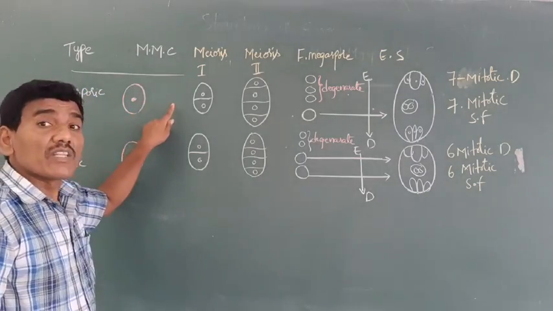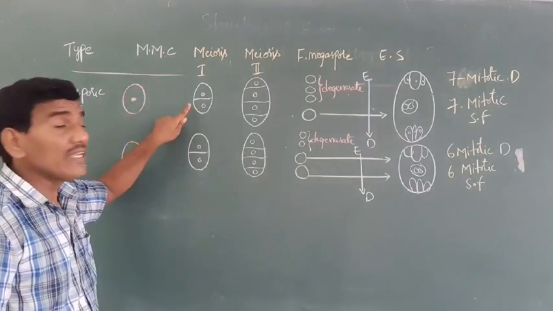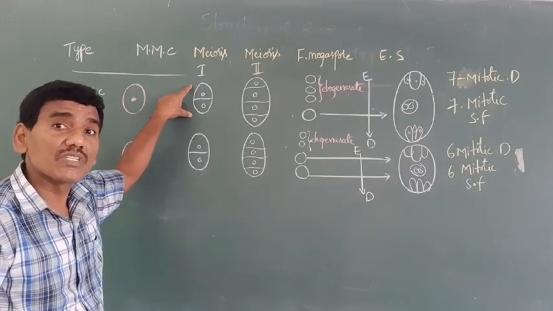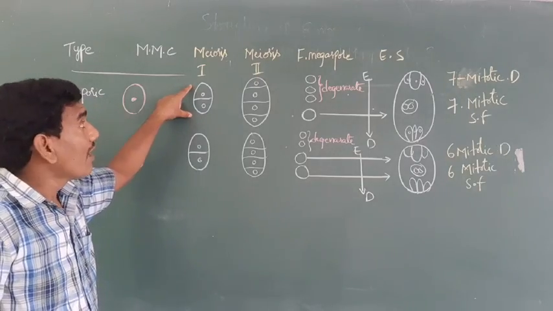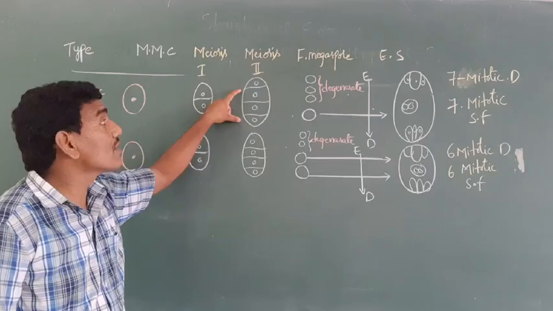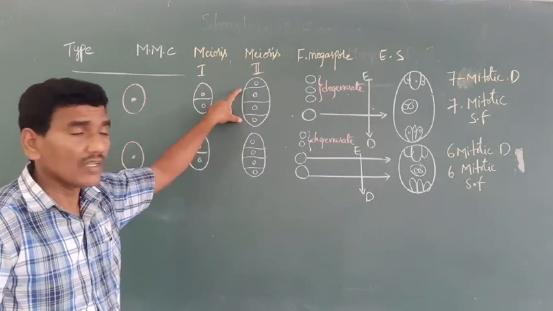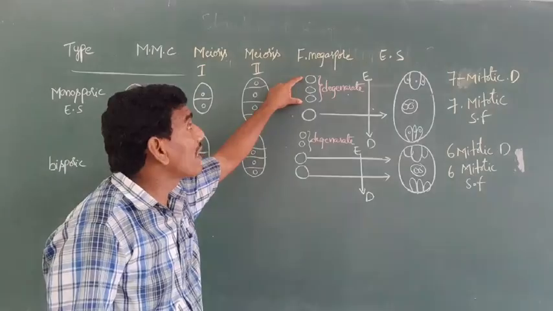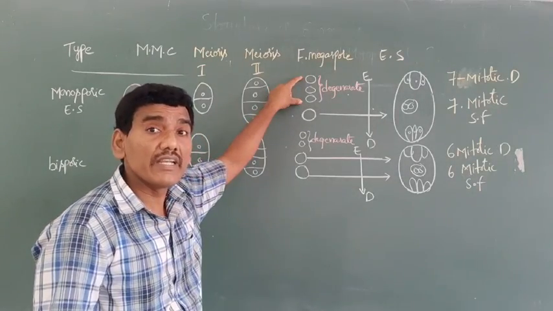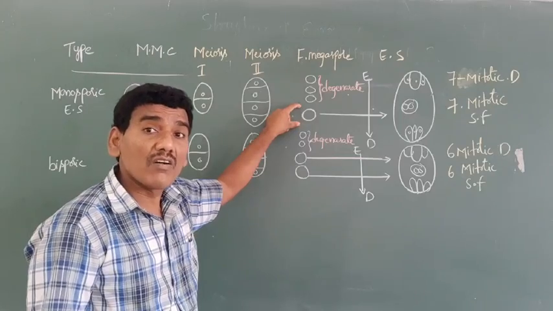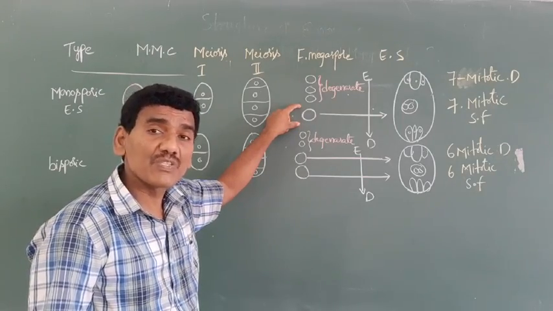The megaspore mother cell undergoes meiosis division, and after it completes, 4 megaspores are formed. Out of the 4 megaspores, the 3 on the micropylar side degenerate. The 1 megaspore on the chalazal side acts as the functional megaspore.